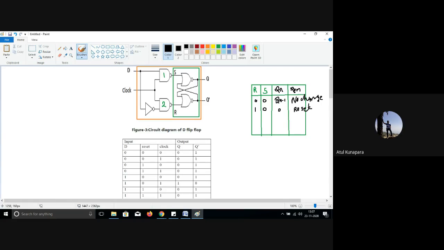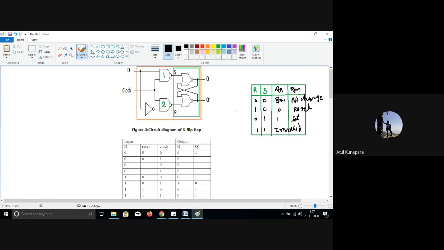When R equal to 0 and S is equal to 1, we get output 1, and that's what we call the set condition. And when both are 1, 1, it is called the invalid condition. So this is the truth table of your RS flip-flop or RS latch, right?